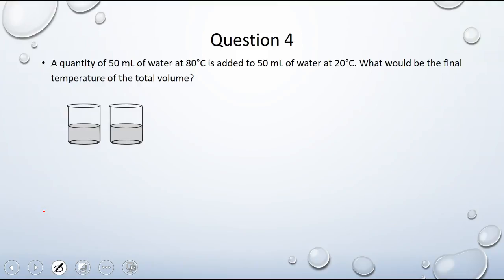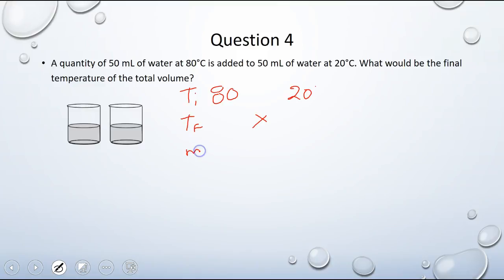All right, so let's start over again. Let me get rid of all the ink there. Let's see if we can figure this out. So we have 80 degrees for the temperature initial for this one, and 20 degrees for the temperature initial in this one. The temperature final should be the same. They should end up at the same temperature, so the temperature final should be X for both of them.